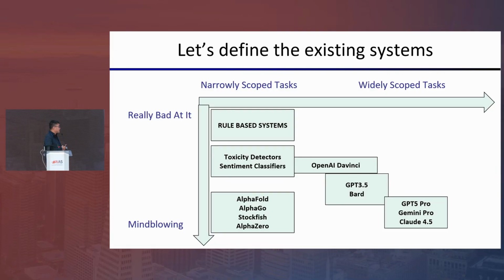Later, with amazing paradigms like reinforcement learning and different domain-specific knowledge, we achieved tremendous progress in scientific discovery and solving games, and produced AlphaFold, AlphaGo, Stockfish, AlphaZero, etc. There's also another direction where we scale both the level of capability and the scope. For example, with OpenAI DaVinci, the GPT-3 model, we went to GPT-3.5 at the time ChatGPT was released. And recently, we have the latest models from multiple vendors, OpenAI, Anthropic, and Google, which demonstrate a very fast improving level of intelligence.